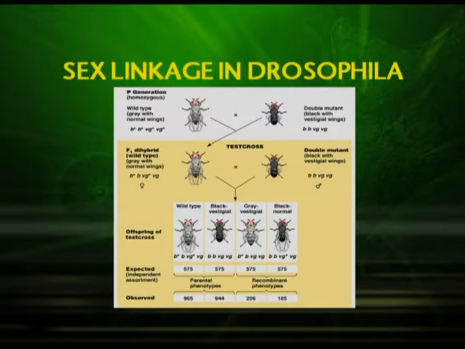Now what happened in the F2 generation? The offspring were produced by test cross. Let us see the result. With independent assortment expected, it could have been 575 of the wild type, 575 of the black vestigial, 575 of grey vestigial, and 575 of black normal.